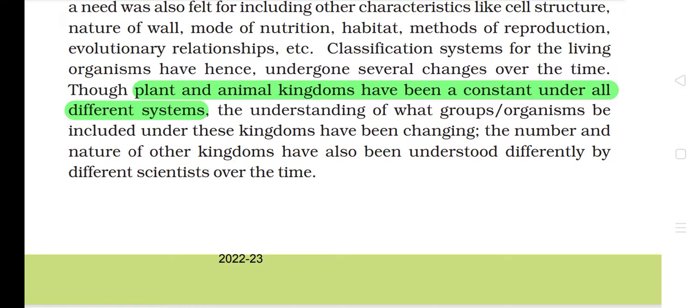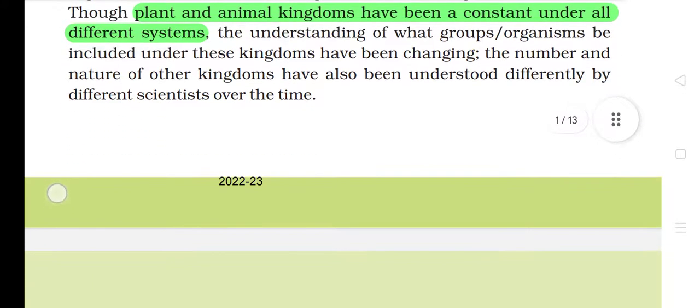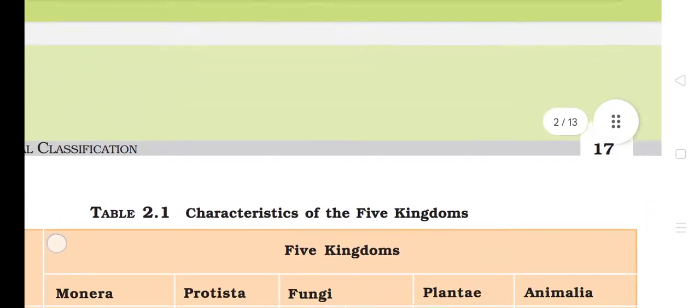Though plant and animal kingdoms have been a constant under all different systems, the understanding of what groups of organisms should be included under these kingdoms has been changing. The number and nature of other kingdoms have also been understood differently by different scientists over time.